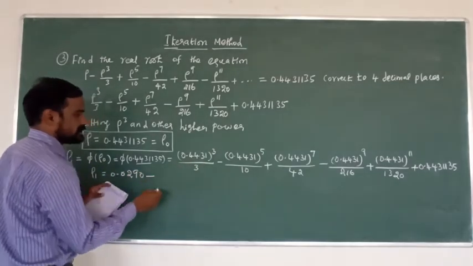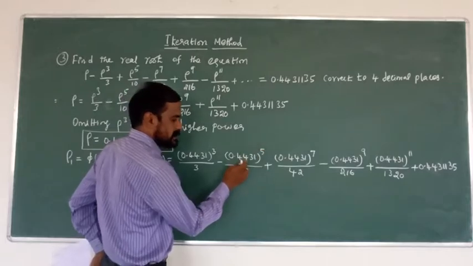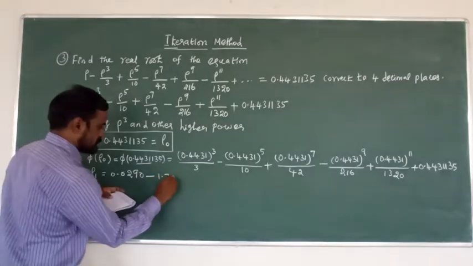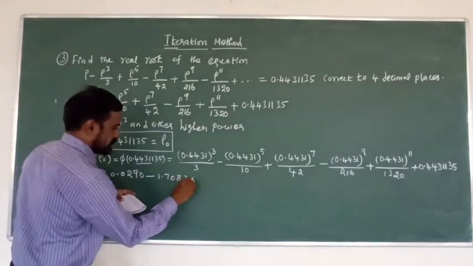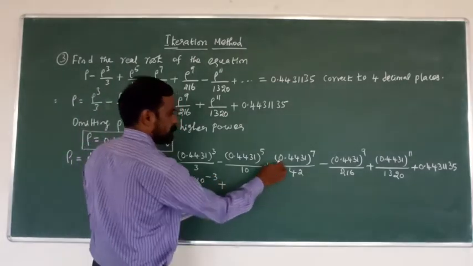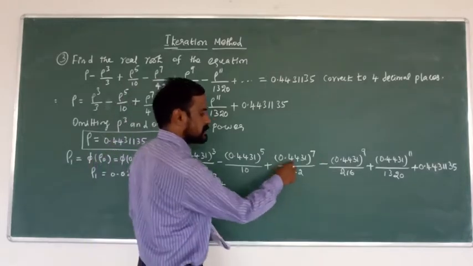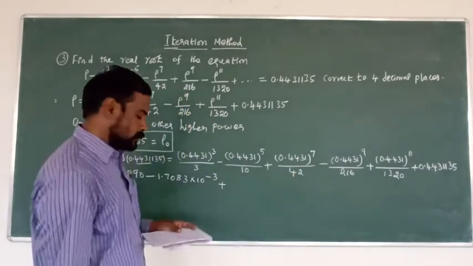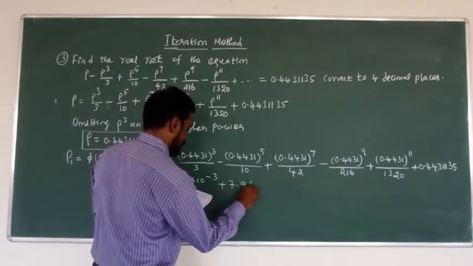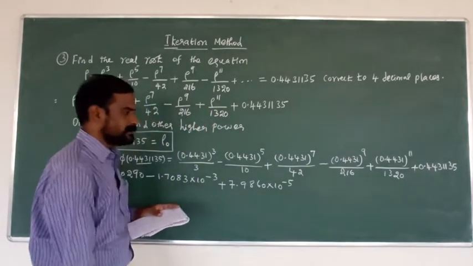Next minus 0.4431 power 5, that result divided by 10, we can get 1.7083 into 10 to the power of minus 3. Next plus 0.4431 power 7, that result divided by 42, we can get 7.9860 into 10 to the power of minus 5.